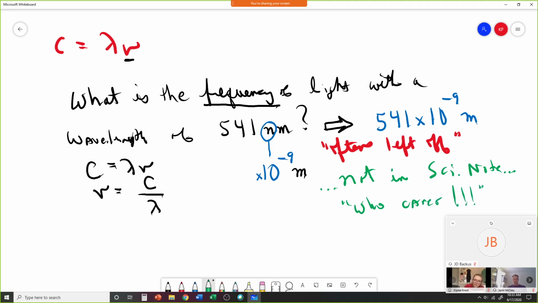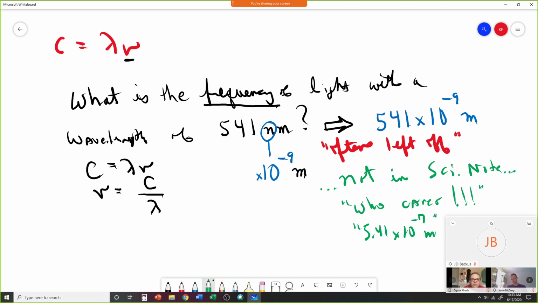And the reason is, if I put 541 times 10 to the minus ninth versus putting this in scientific notation, this would actually be 5.41 times 10 to the minus seventh meters.